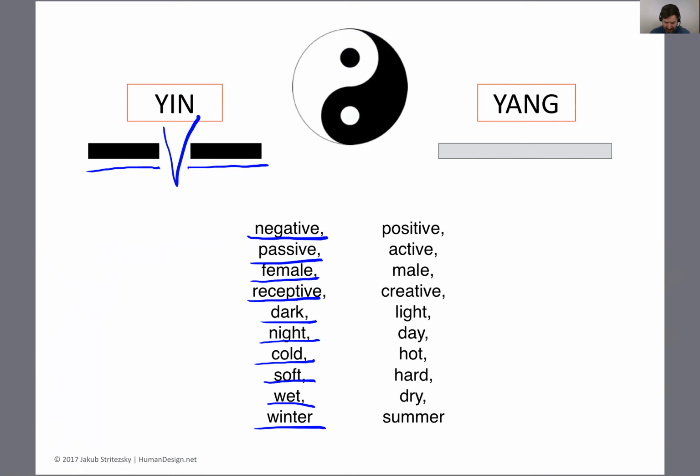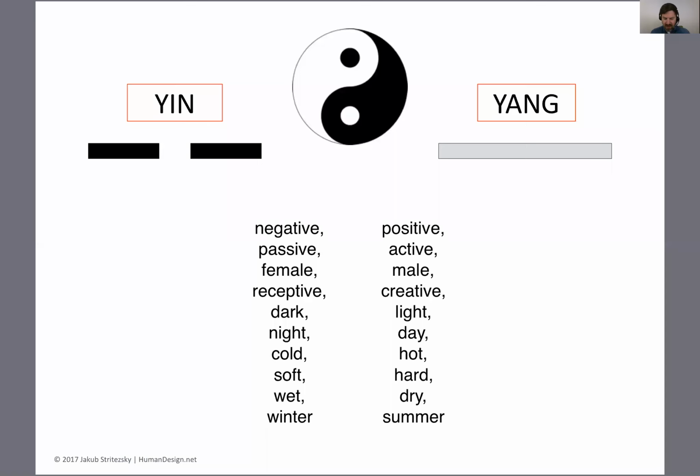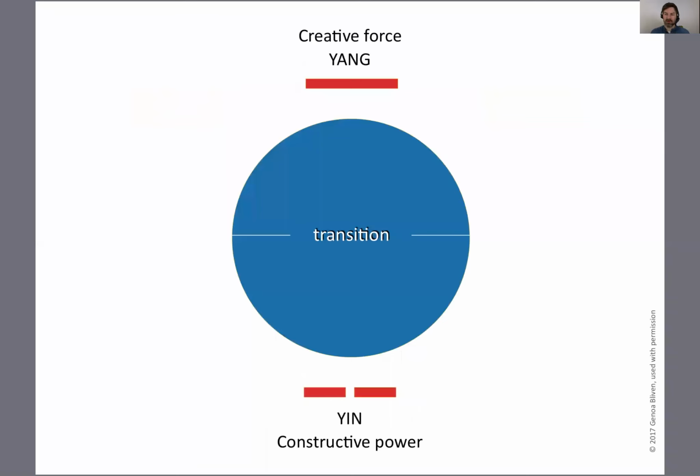And yang has this full line, which is unbroken, it's full, and it's associated with qualities such as positive, active, male, creative, light, day, hot, hard, dry, and summer. Okay? Now, the reason why I start talking about this is that to understand the types, we can understand them really well in terms of the yin and yang and their combinations.